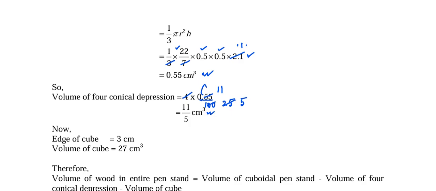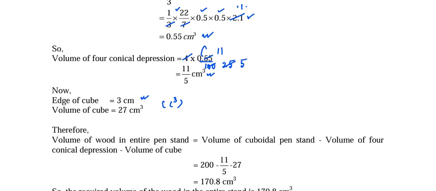Now the edge of the cube is 3 centimeter, therefore the volume of the cube, we know that is L cube or H cube. So 3 into 3 into 3 is equal to 27 cube centimeter.